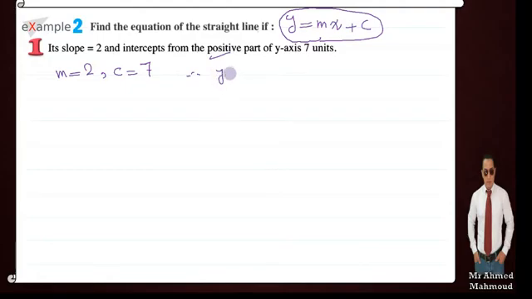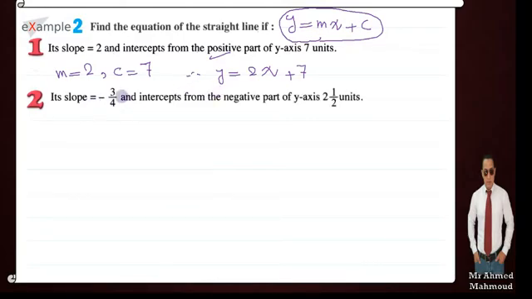Therefore, y equals 2x plus 7, and this is the equation. It's very direct and very easy. Number 2, if the slope is negative 3 over 4 and the intercept from the negative part of the y-axis is 2.5, therefore m equals negative 3 over 4 and c equals negative 2.5.